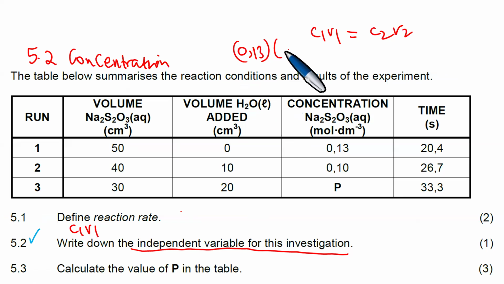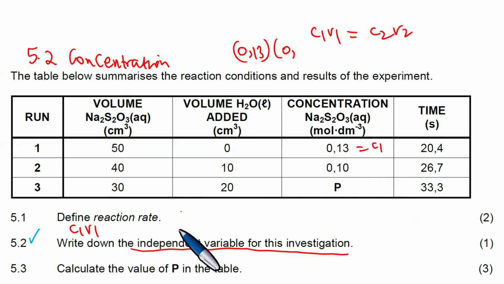For concentration 1 times volume 1, concentration 1 we take as 0.13.